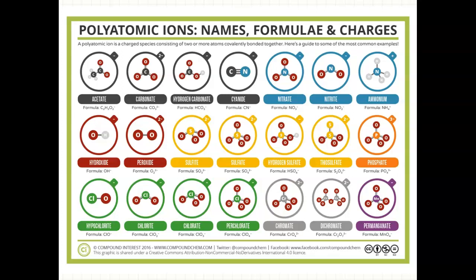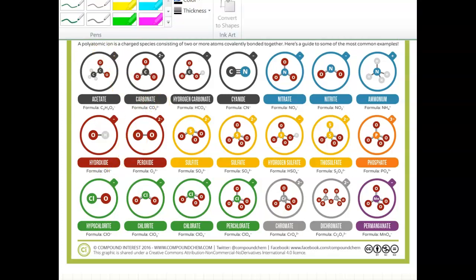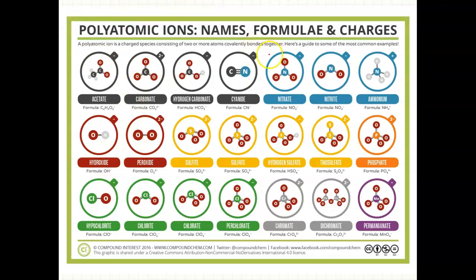So these polyatomic ions, as you notice in these circles over here, are different atoms bonded together. And you're going to find that these different atoms have a unique charge. So if you look at, for example, I'll go ahead and grab my pen, nitrate is this one right over here.